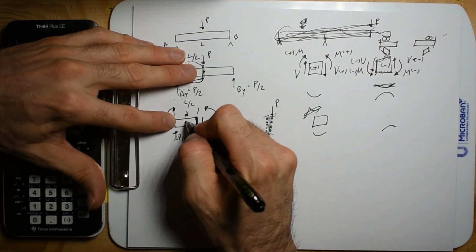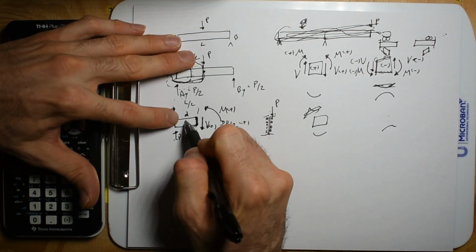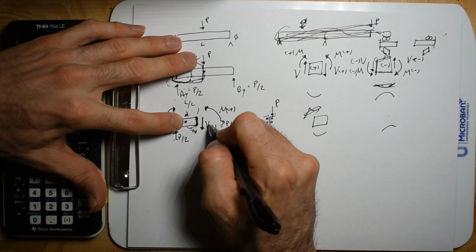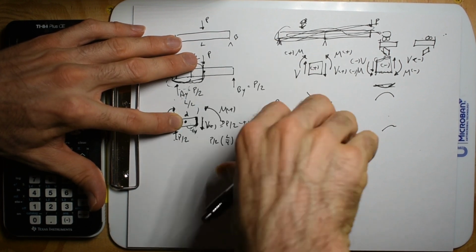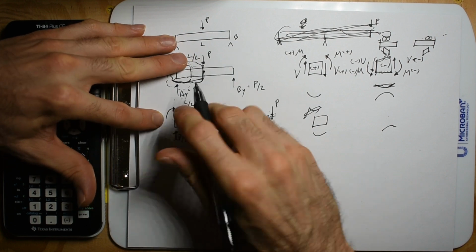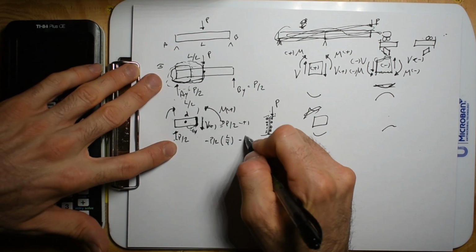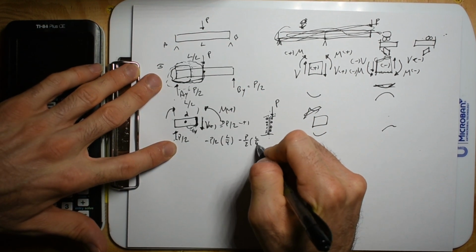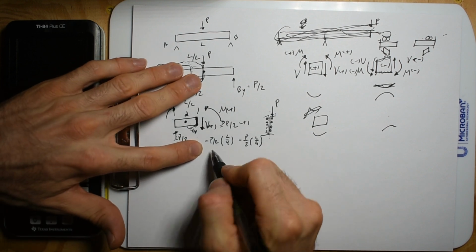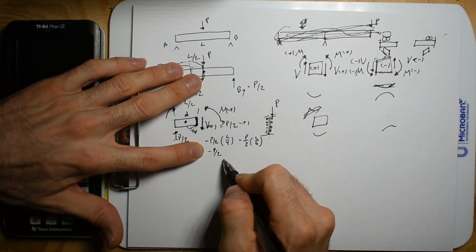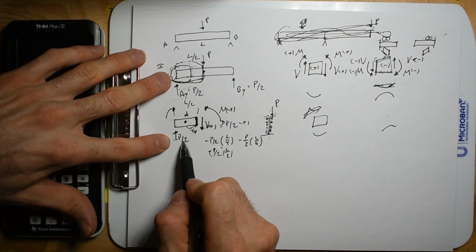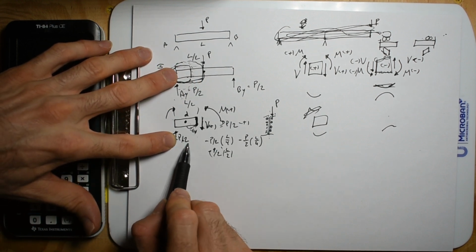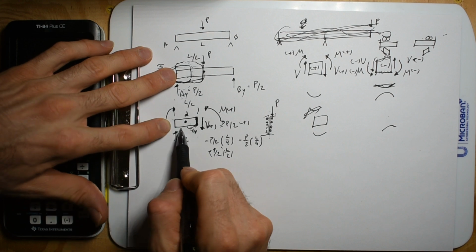But if you wanted to do that from the thumbtack analogy, you would tack it here, know that this force would be a P divided by 2 over an area of L divided by 4, and that's going to be negative. And then this one is also a negative. So we have another negative P divided by 2, L divided by 4. Well, this is the same thing as negative P divided by 2, L divided by 2. And we just have that force, P divided by 2, times the distance between them.